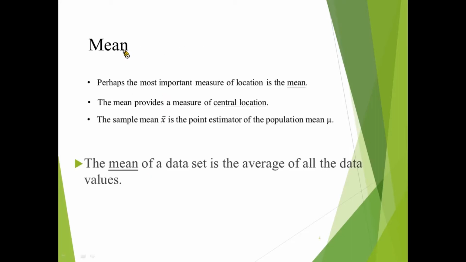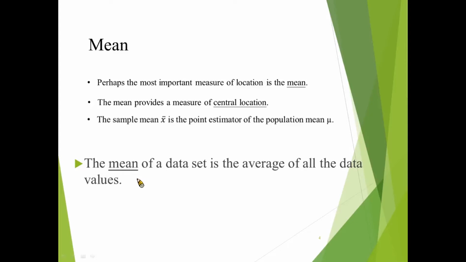What's the mean? The mean is simply what we call the average. Perhaps the most important measure of location is the mean. The mean provides a measure of central location. The sample mean is the point estimate of the population mean mu.